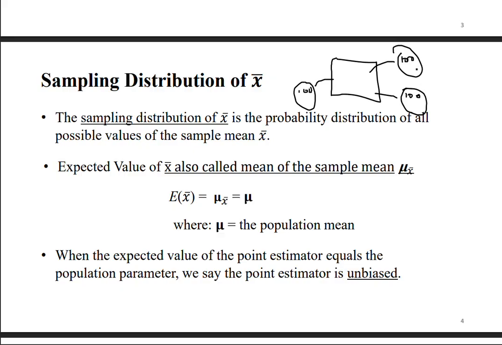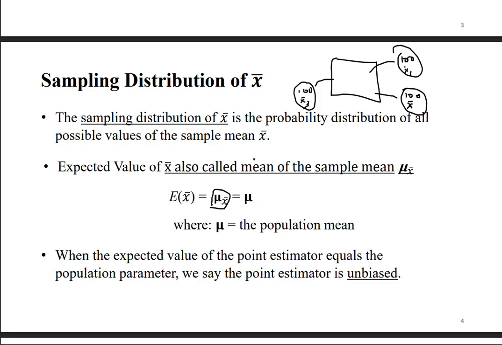Now what I'll do is I'll find the average, which is the X bar 1 of the first sample, find the average, which is the X bar 2 of the second sample, and then I'll find the average of the third sample. What we're saying is studies have proven that when I take these 3 averages of the 3 samples and I find the average of these averages, it will give me what we call the mean of the sample mean.